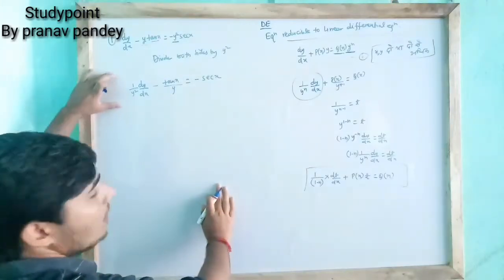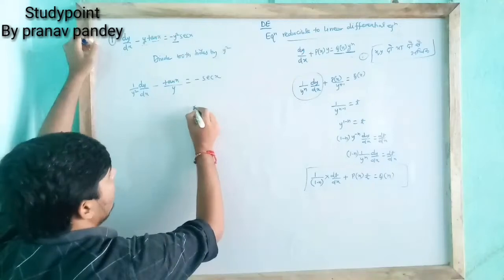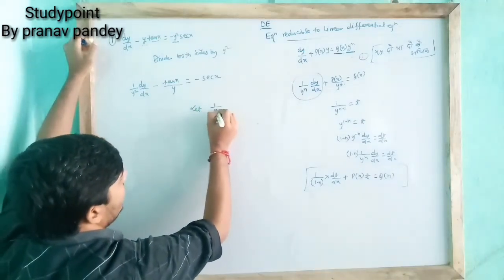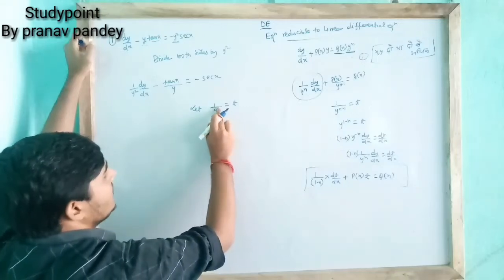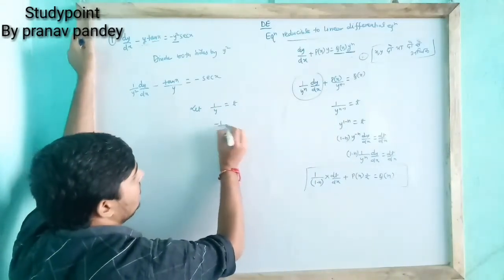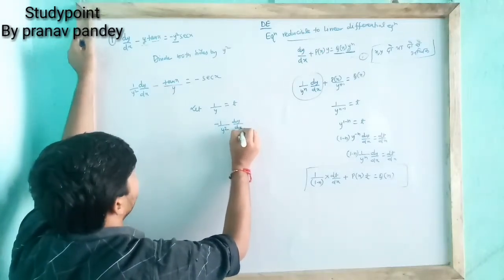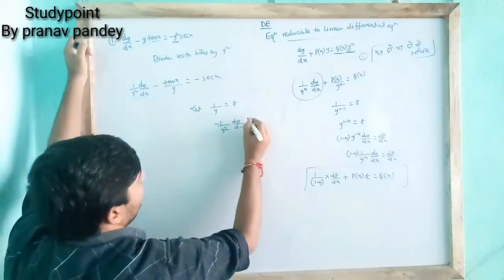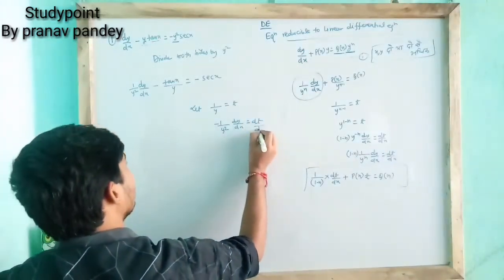So we get this. Now the basic aim was to reduce the equation, so let 1 by y is equal to t. Its differentiation is minus 1 by y square dy by dx, because we need this term, is equal to dt by dx.